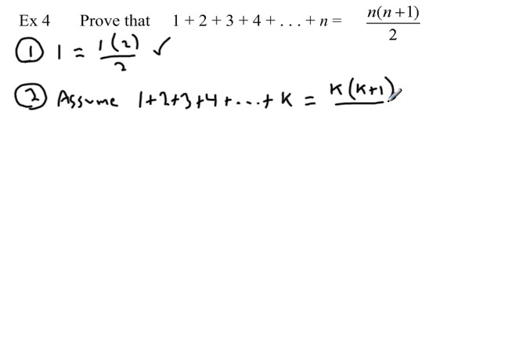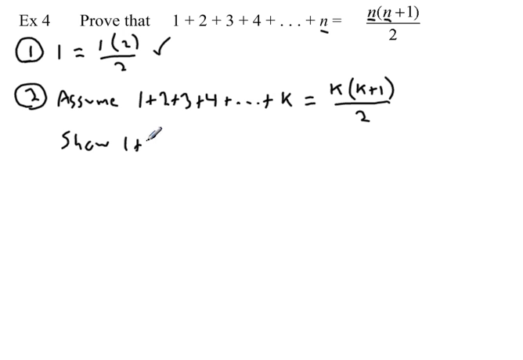So in a sense, this first part of this step is just taking what we have up here and plugging k in for all of these n's. So if that's true, we want to show that if we go one more term, it'll still work.